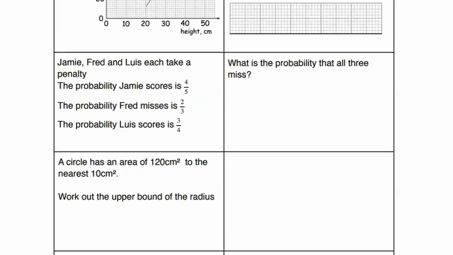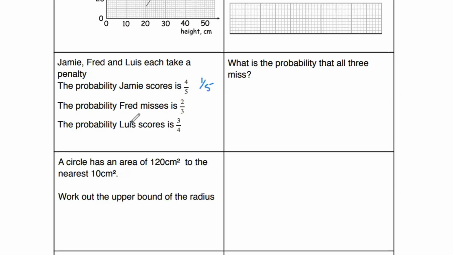Then it says Jamie, Fred, and Louis each take a penalty. The probability Jamie scores is 4/5. The probability Fred misses is 2/3. And the probability Louis scores is 3/4. What is the probability that all three miss? So for all three to miss, first we need to find the probability of Jamie missing. If him scoring is 4/5, him missing is going to be 1/5.